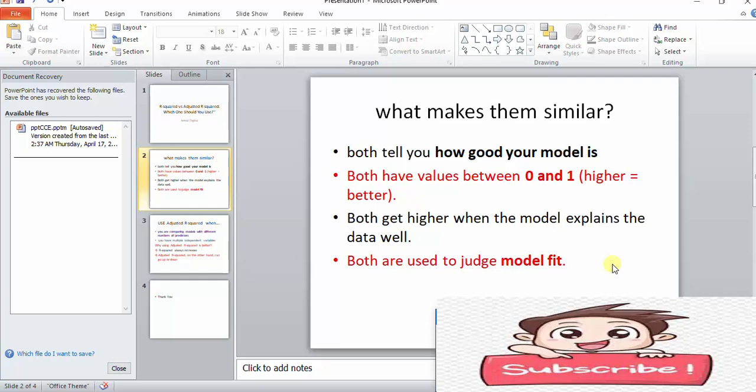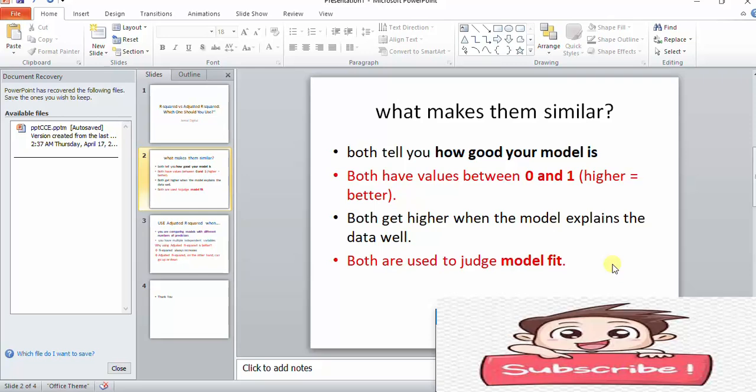And another similarity between R square and adjusted R square is that higher values indicate better model fit. A higher value for both indicates better model fit, or your model explains the data well.